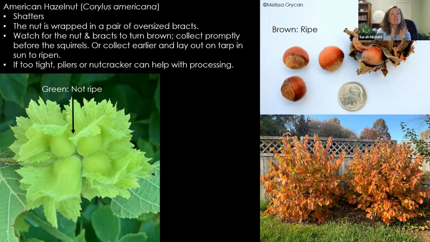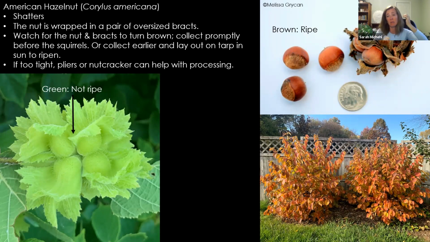So anyway, you can see on the left, that's what the little cluster of hazelnut looks like when they're not ripe yet. I think that picture was taken in late July, early August in 2020. So those are not ripe. When are they ripe? When they start to look brown and crunchy.